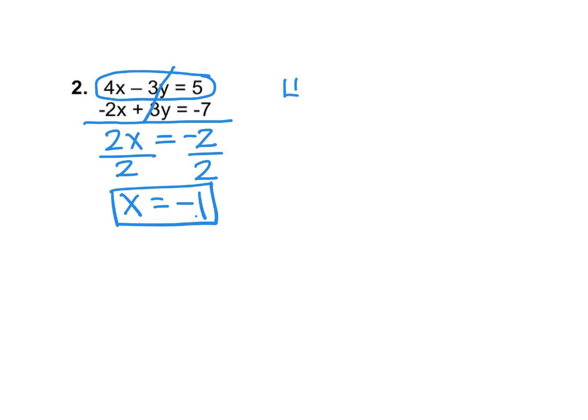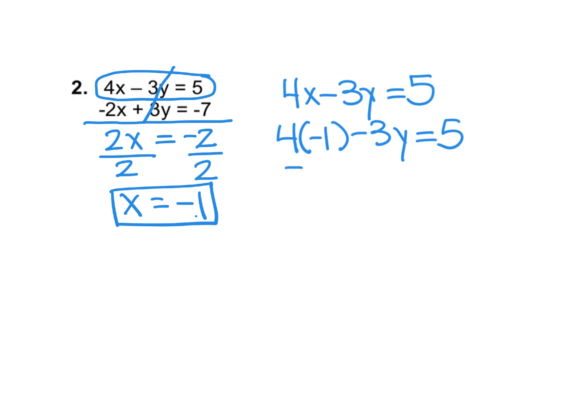So I'm going to use the 4x minus 3y is equal to 5. And we're going to plug in the negative 1 where we have the x. And remember, a number right next to the variable means that it's multiplying. So we have negative 4 minus 3y is equal to 5.